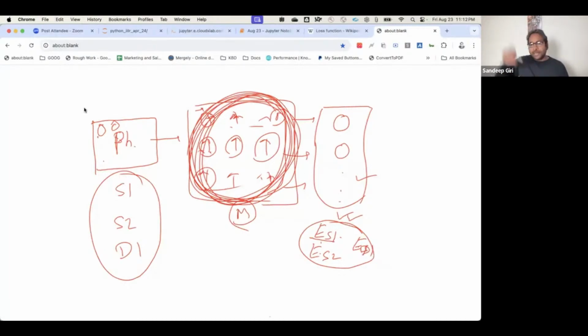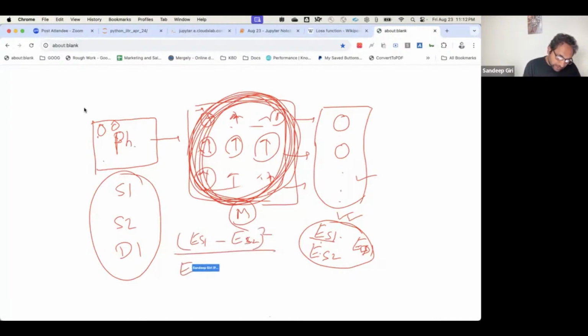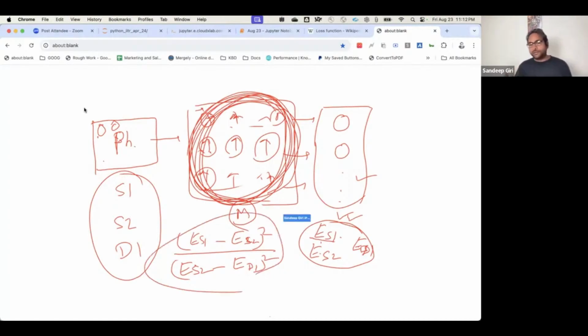That way we kept on tweaking these knobs until ES1 minus ES2 is small and ES2 minus ED1 is bigger. This is just a random triplet loss I've written: this difference squared divided by this difference squared. And we kept on repeating this process over and over on all kinds of photos of all the people.